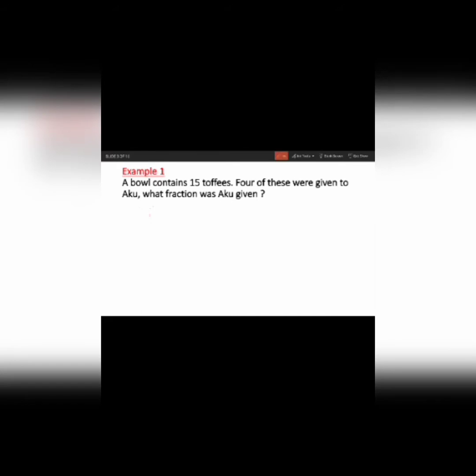Now, total toffees in bowls. So total is equal to 15. And then number for Aku is what? 4. That is 4 of these.